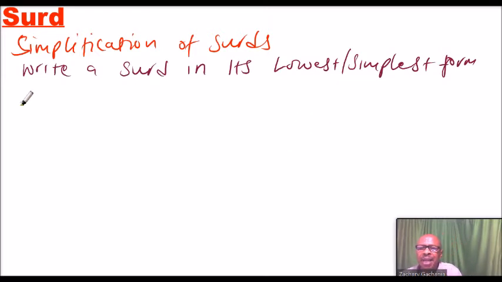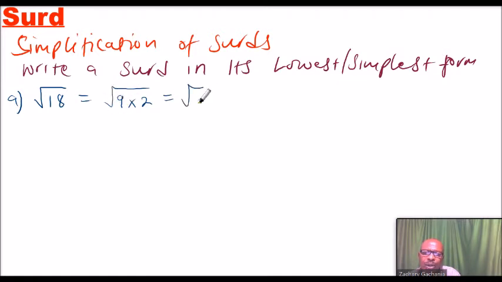So let's say we are given the square root of 18. This is a Surd because 18 does not have an exact square root, but we know 18 can be written as 9 multiplied by 2. So we have not changed anything. In square roots, when we are given in this format, we are allowed to separate the root.